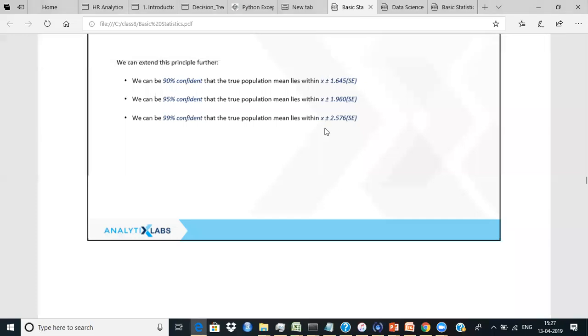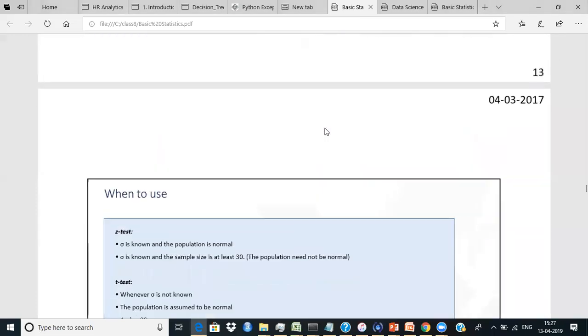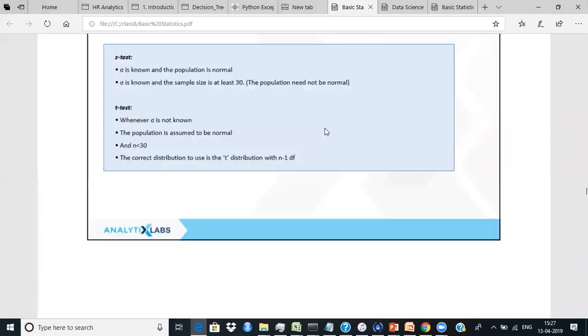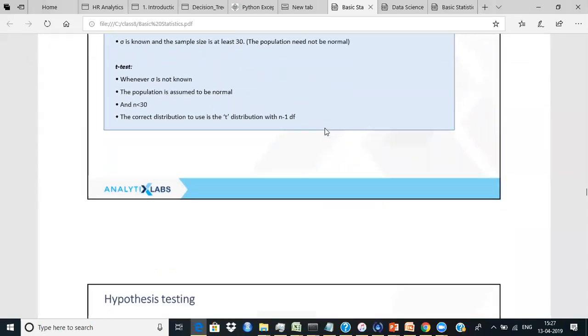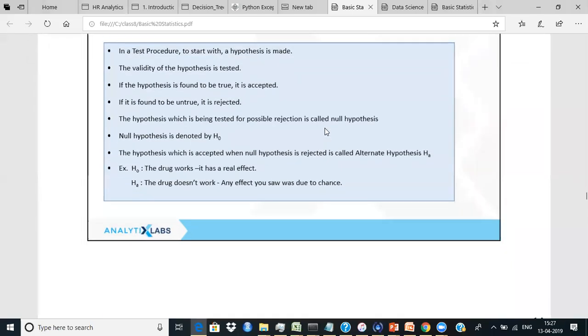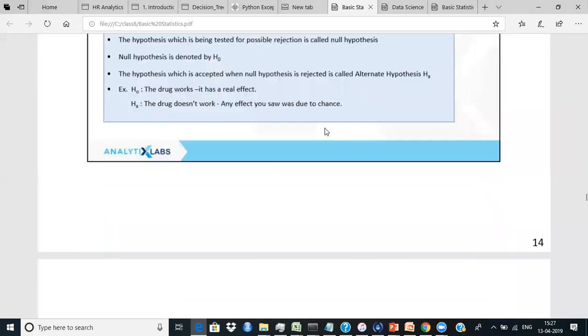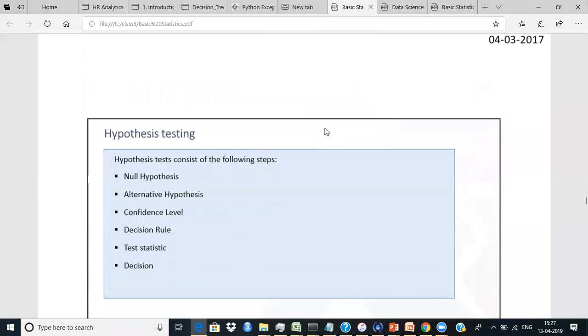Okay, now, last week we had talked about hypothesis testing, right? Now we talked about hypothesis testing has a few parts to it.